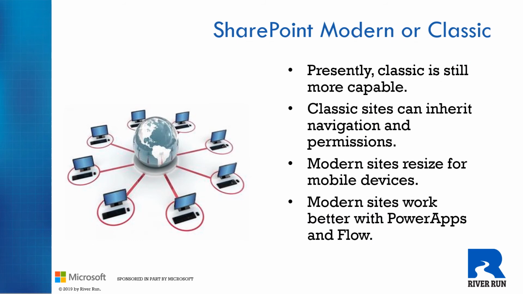Presently, however, and we're speaking about the early part of 2019, the classic view is still a more capable experience. The web parts are more fully fleshed out and developed. However, one of the big pluses for the modern sites and the modern experience is its ability to resize pages depending upon which device you're viewing them on. And modern sites work better with the modern applications of PowerApps and Flow.